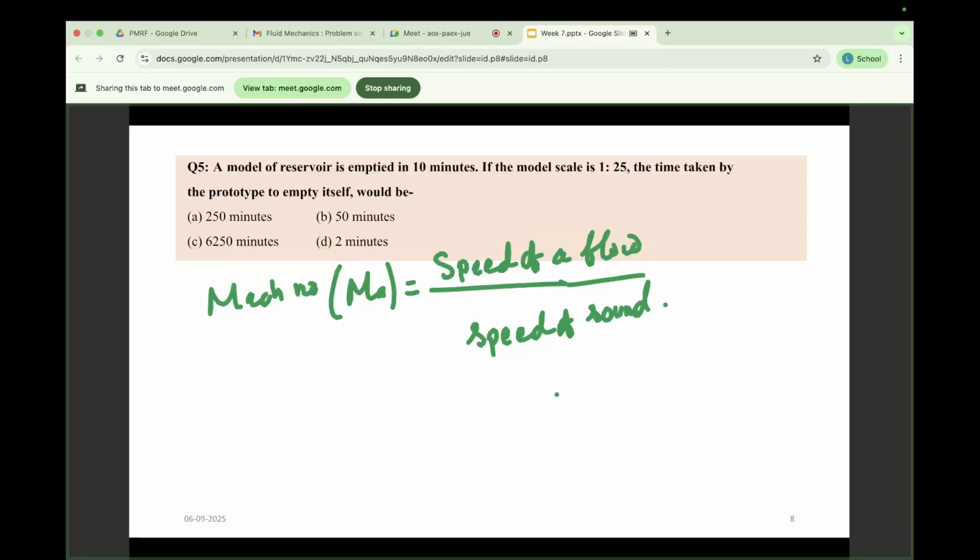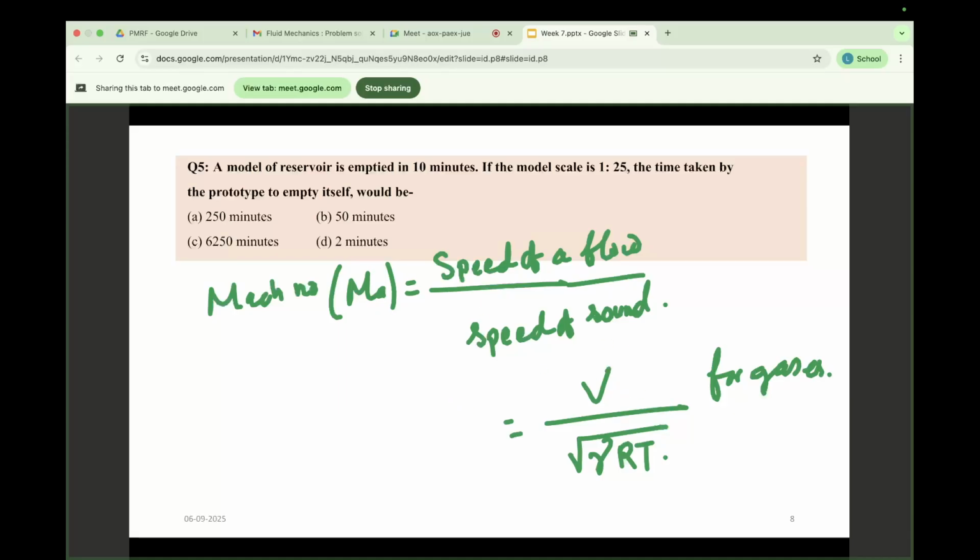Okay. So basically, what we know, the speed of flow, say v, and what is the speed of sound? So you know the speed of sound, but the general formula is root over gamma RT, right? That is for air I am talking about. So this formula, what I have written, is for gases. Okay.